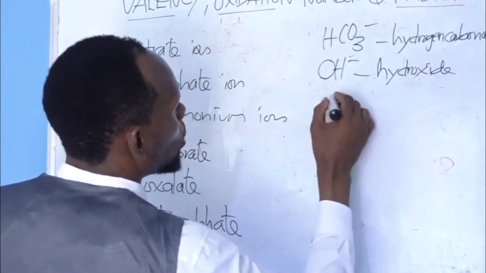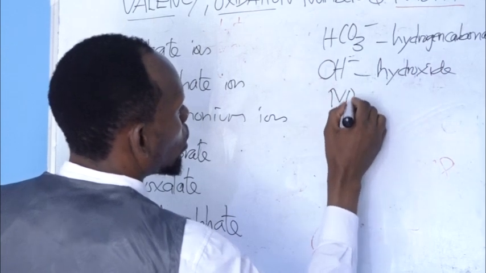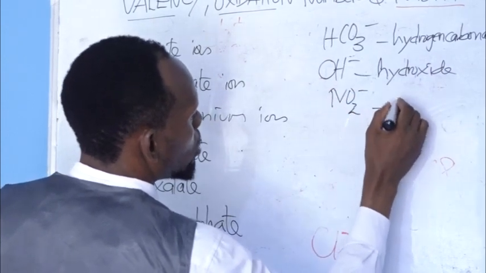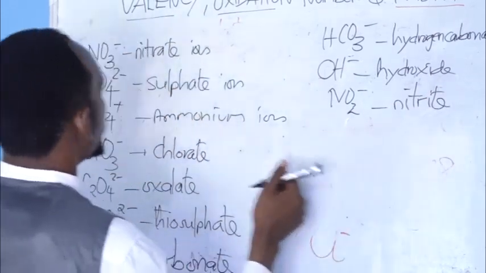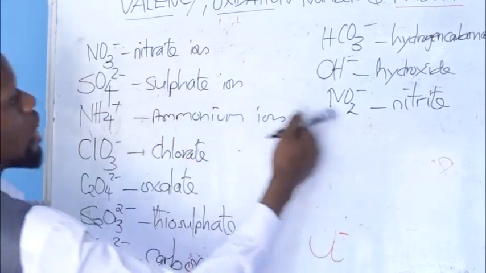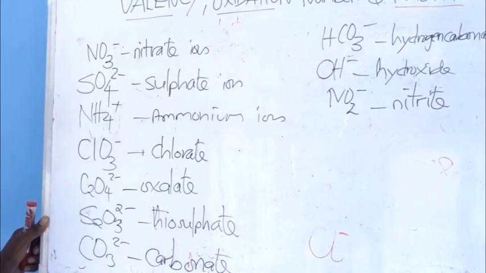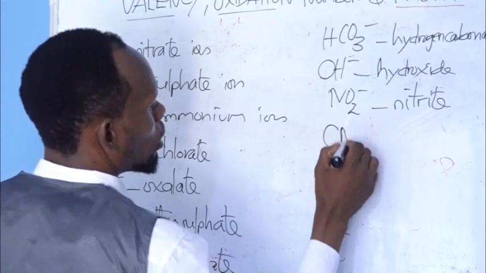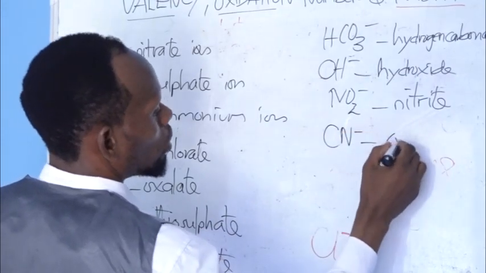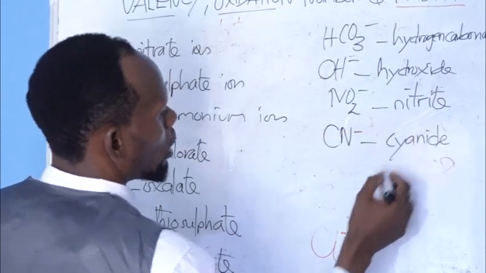You may have this one, called nitrite. This is nitrate. Nitrite ion. So you may have this one. This is called cyano. This is cyanide ion.